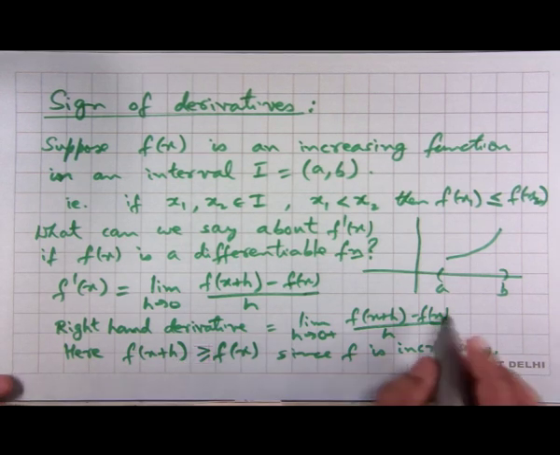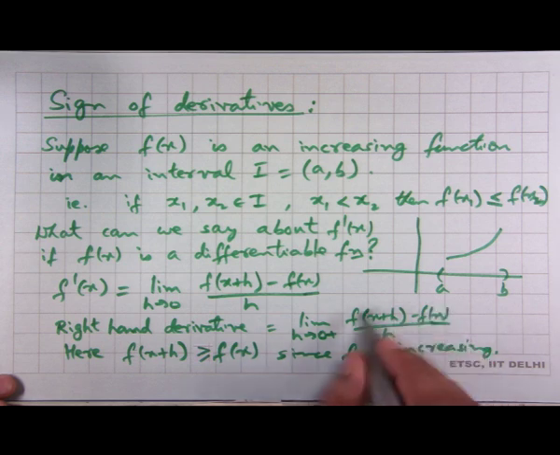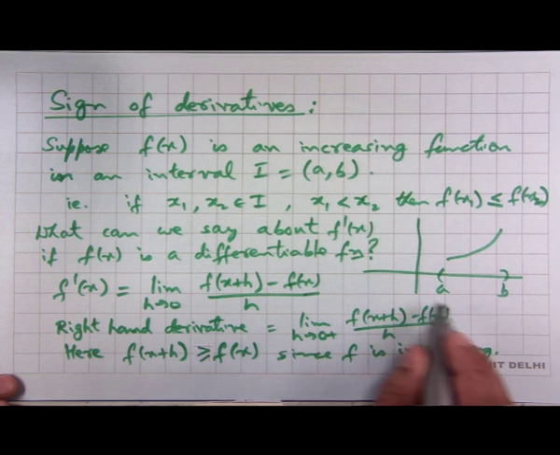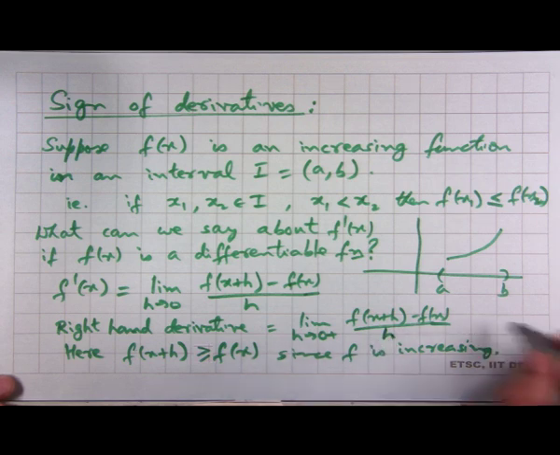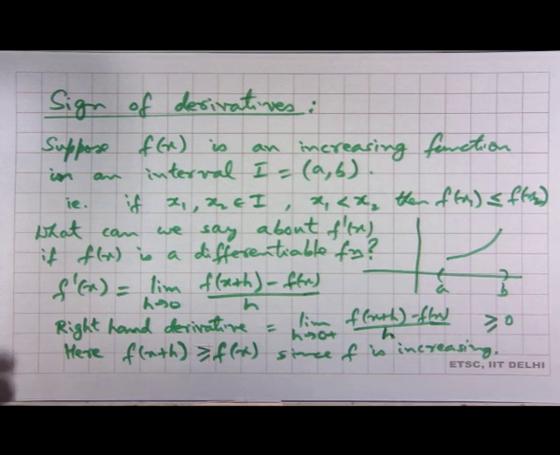So, the numerator here, f of x plus h minus f of x, is non negative and the denominator h is positive. Therefore, the derivative must be greater than or equal to 0. If the limit exists, then this limit must be non negative.